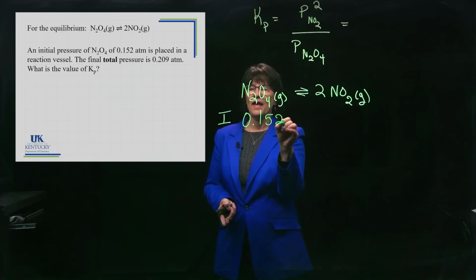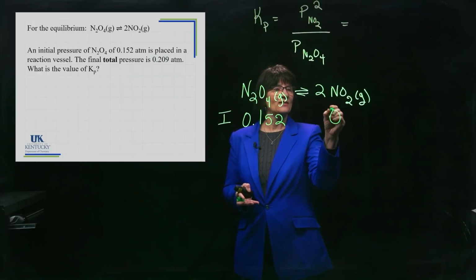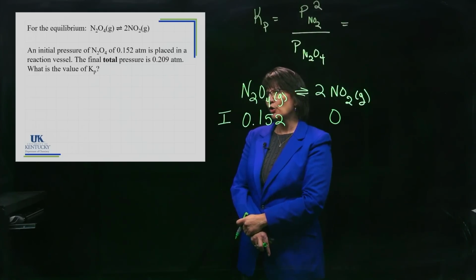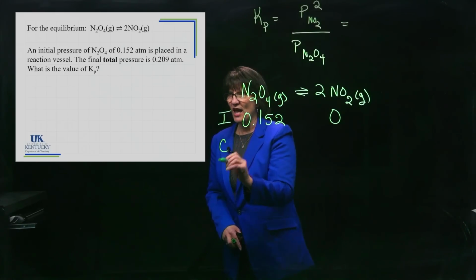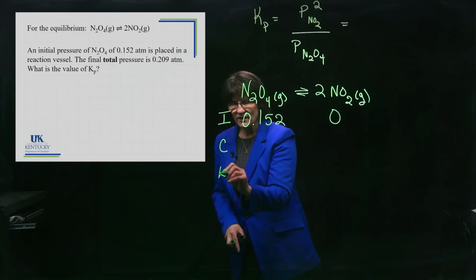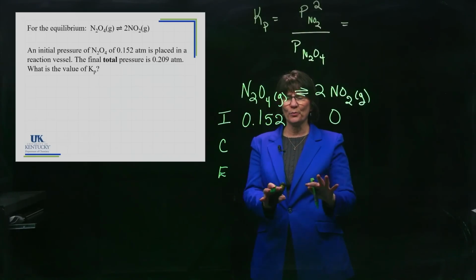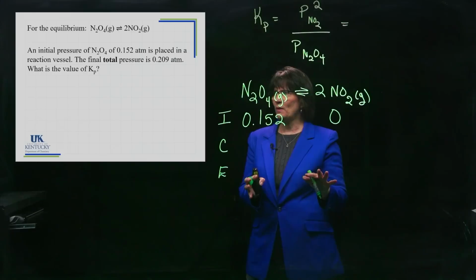I said it right. And that is all that's placed in the reaction vessel. If that's the case, then there is none of this. And it tells me the total pressure is 0.209. Well, this is a change for the reaction taking place, and E for what's there at equilibrium, but there's no place in here to put a total pressure. So I can't put any other numbers into my table.